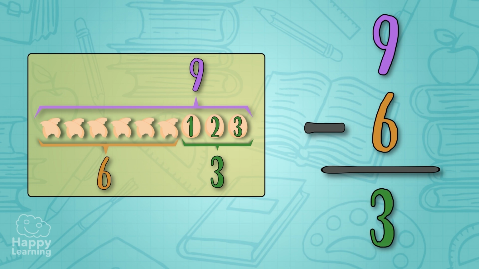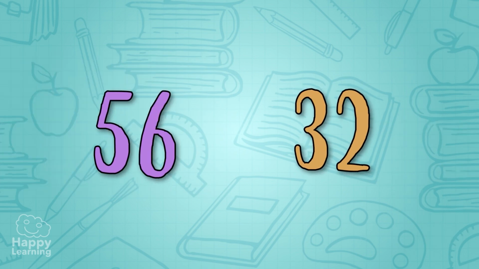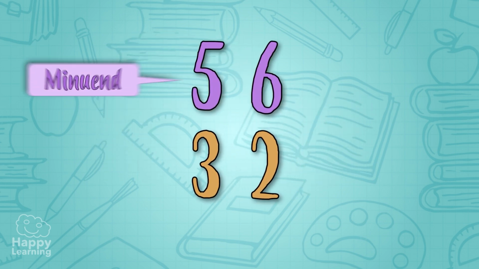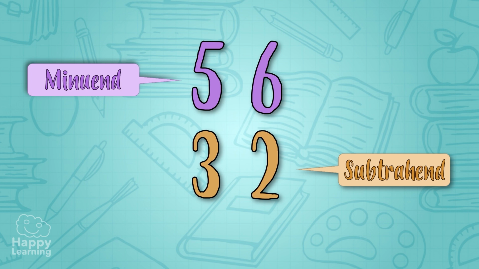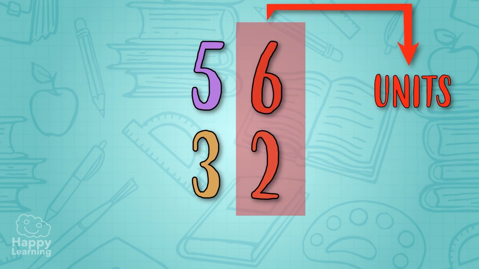Now we know how to subtract simple figures, but now we're going to complicate things a little more. To subtract larger figures, for example 56 minus 32, we need to write down the minuend, 56, and under it, the subtrahend, 32. Always placing units under units and tens under tens.